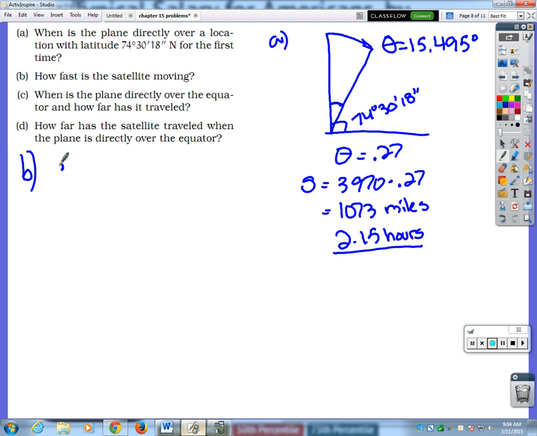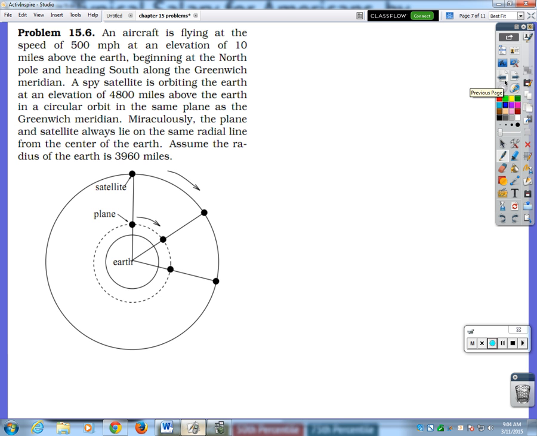Okay. So the distance that the satellite travels is equal to the radius of its circle, which is 4,800 miles above the Earth plus another 3,960 of the radius itself. 8,760? Oh, let's check that.